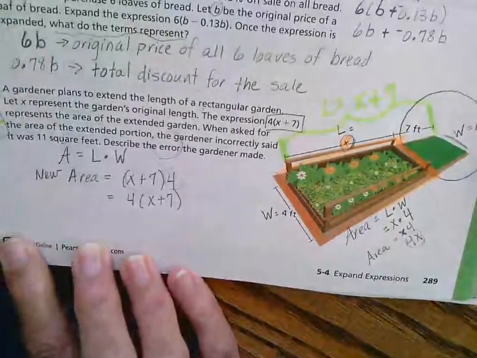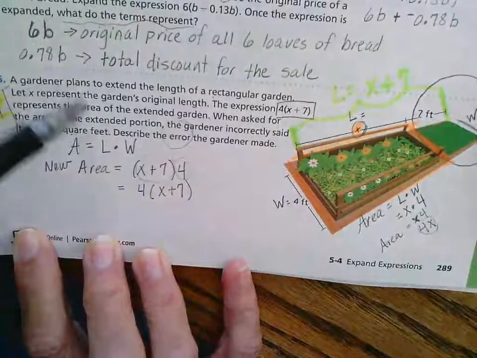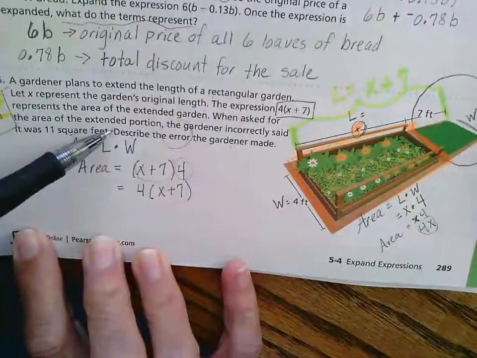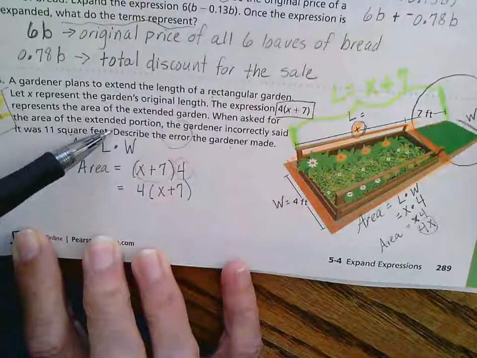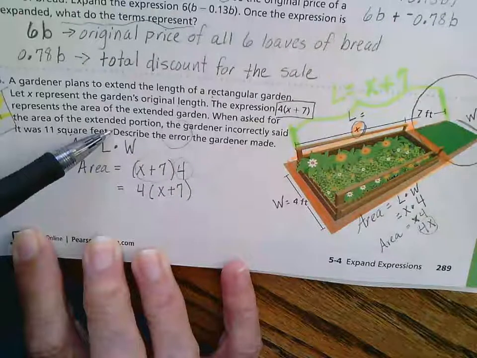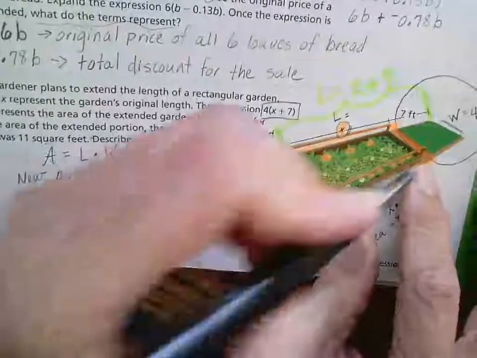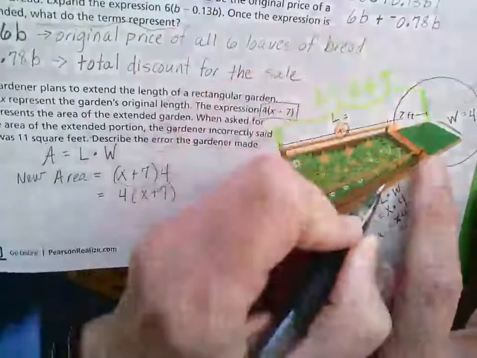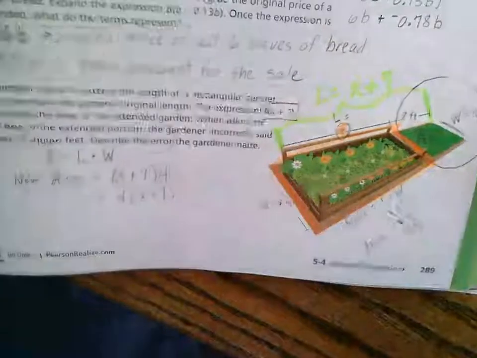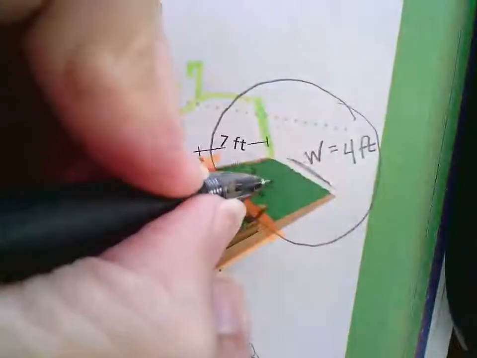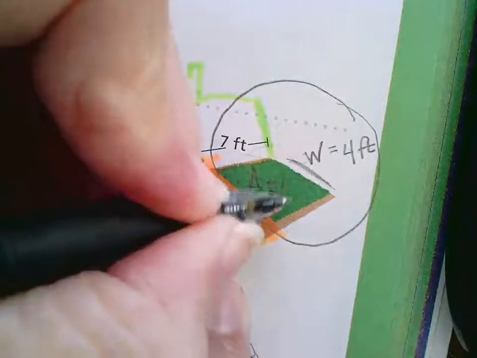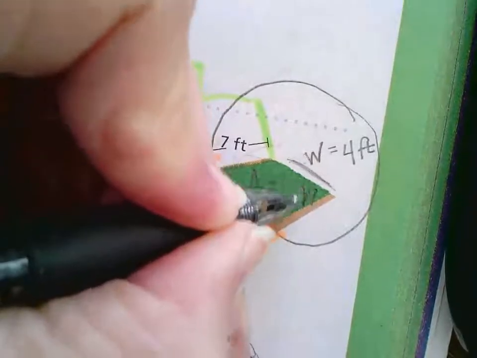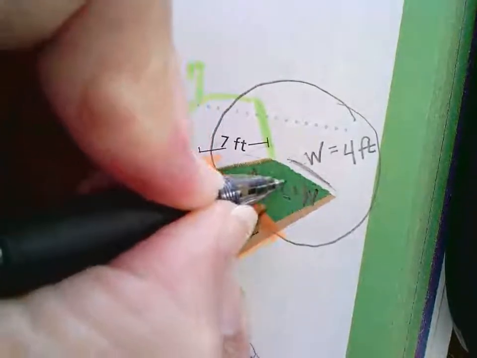So I'm not going to give you the answer there. I want you to describe what you think the error was that the gardener made. You might want to first determine what the area of this section is. That might help you figure out what the gardener could have done. Area is always length times width. Always, always, always, always, and forever. Amen.